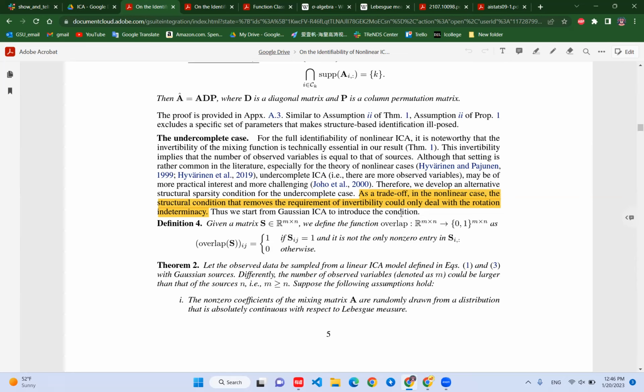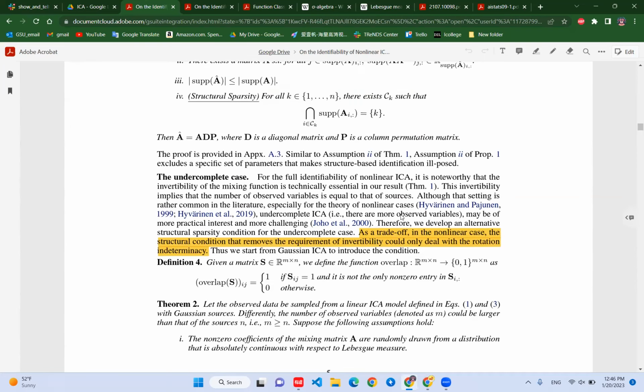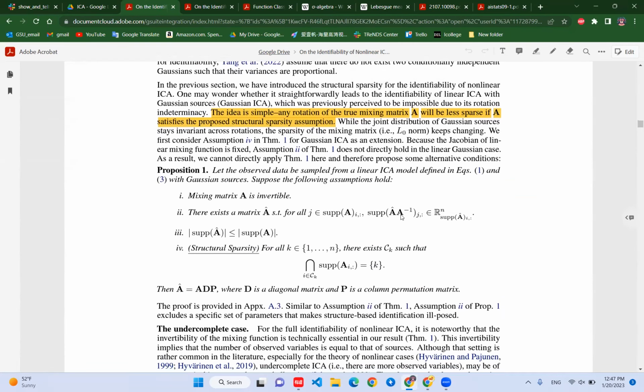This corollary, I think, is just handling the nonlinearity. And then section 3.2 on proposition 1, maybe, is where they add the structural sparsity and handle the full separation. Does it make sense? Mhm.